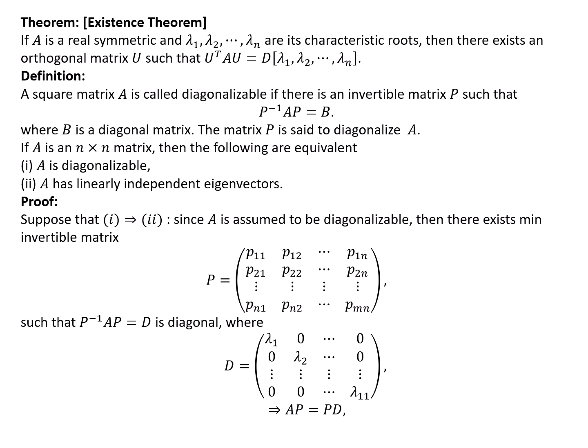If A is an n by n matrix, that is a square matrix, then the following are equivalent. 1.